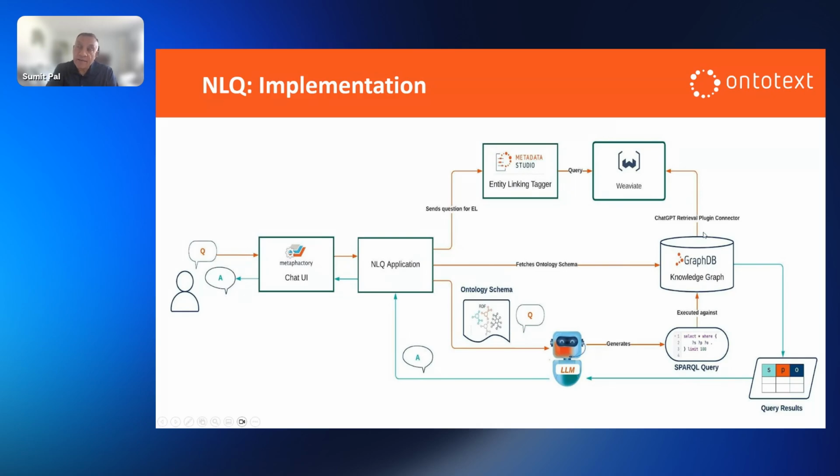The knowledge graph is encoded and embedded through OpenAI's retrieval plugin connector that creates embeddings and stores them in the vector database. We do the entity linking, and then that is passed to the LLM to get the answers back for a given query, and that is the result.